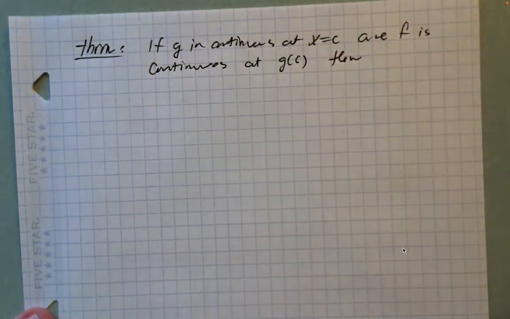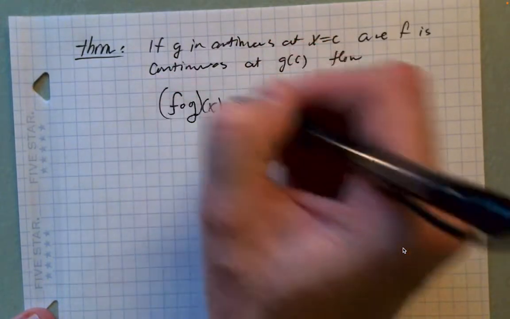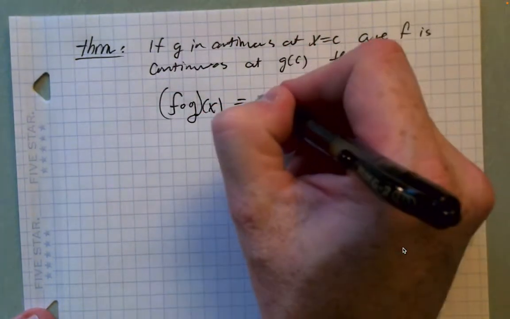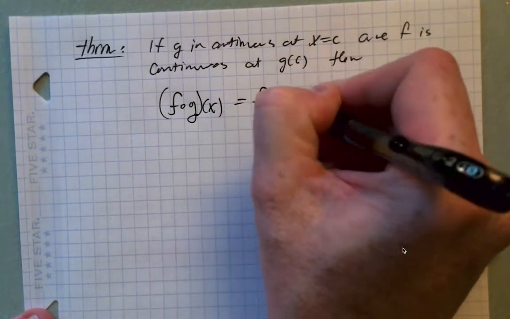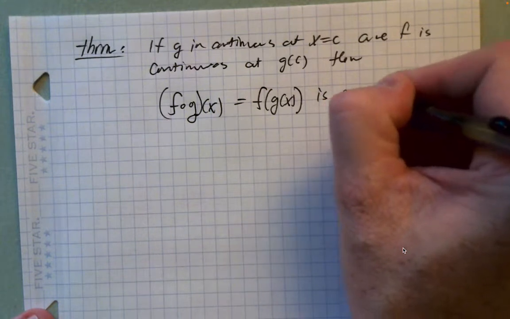Well, we're going to compose some functions. Then f composed of g of x, right? Sometimes people prefer to write it like this, is continuous at c as well.